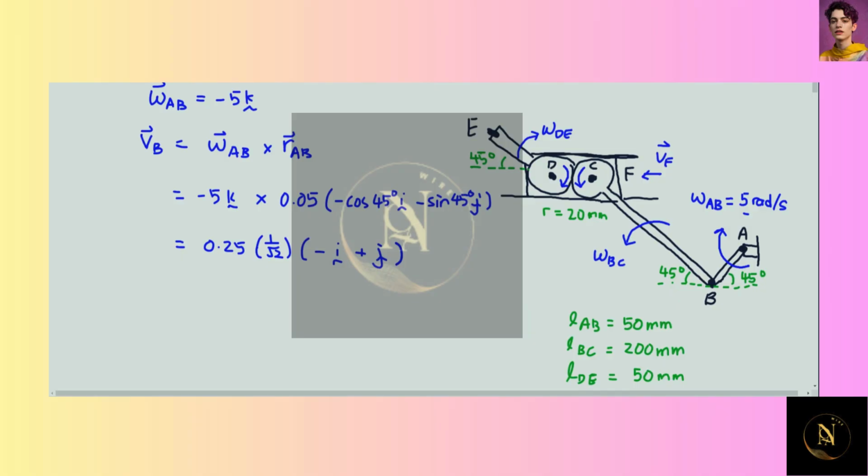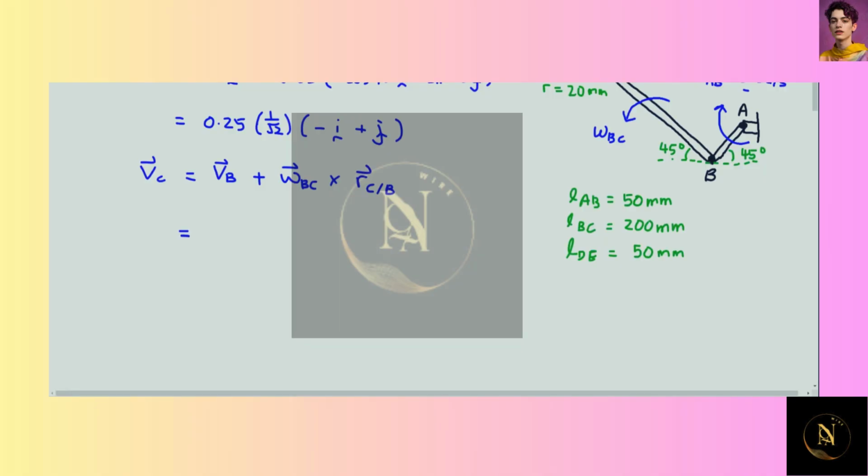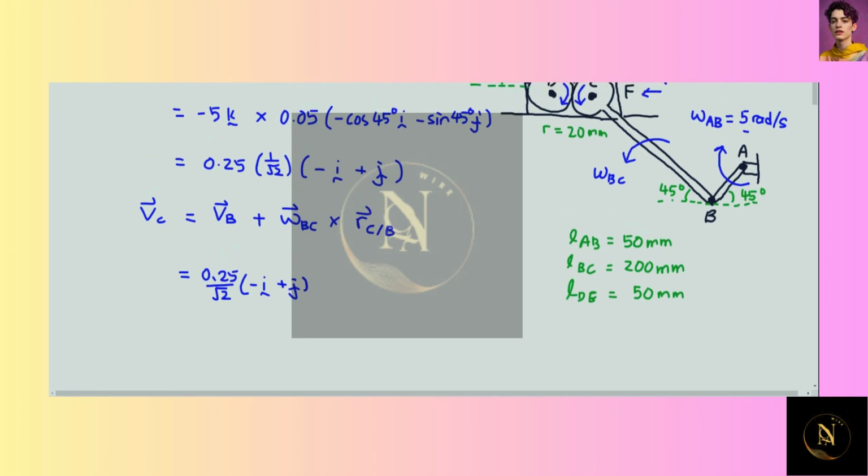Then we can find VC. VC is equal to VB plus omega BC cross the position vector of C relative to B. So, 0.25 divided by root 2 times minus I plus J. From the diagram we see that VC is going to move to the left, so this is something that we can write.